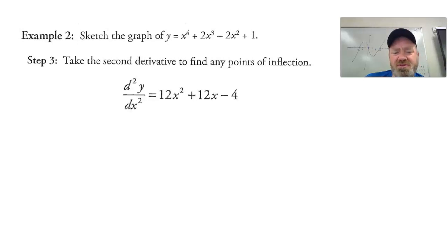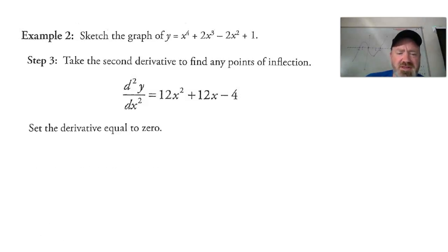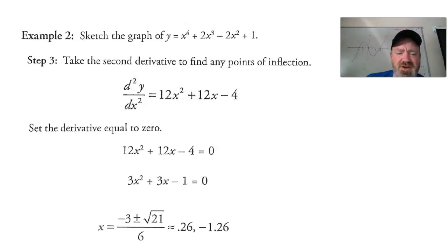So second derivative, keep going with your first derivative, derive again. This function's nice. It's not too complex. So we can set the derivative equal to 0 and solve. And this doesn't work out evenly, and it sometimes doesn't.